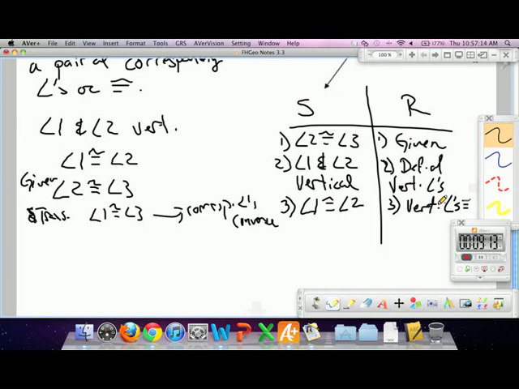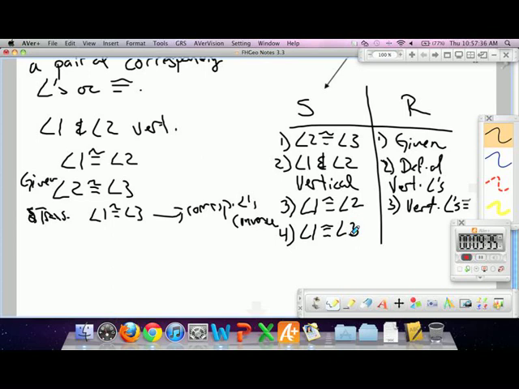From our little discussion from the brainstorm, we said if we knew 1 was congruent to 2, and we're told 2 is congruent to 3, then you could claim that 1 is congruent to 3. You could use substitution. It's the transitive property.